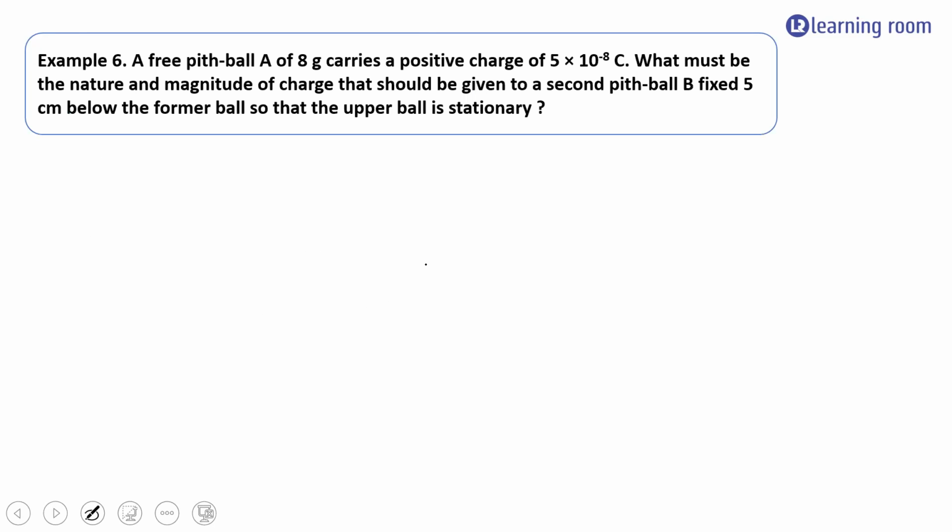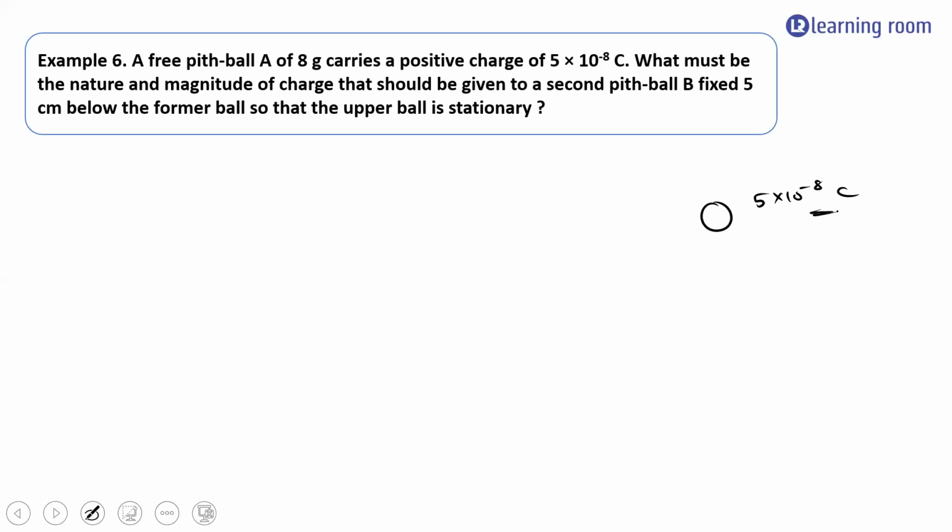Okay. So try this. There is a pith ball. A pith ball is something that looks like a thermocol ball. So a pith ball of 8 grams carries a positive charge of 5 into 10 power minus 8 coulomb.